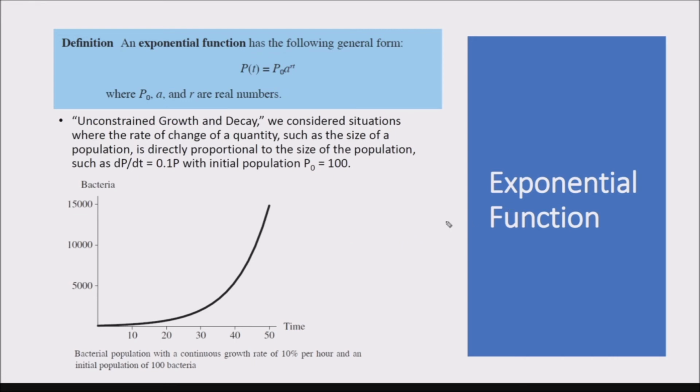Okay, right. Here they're talking about the bacteria growth. So you can see how this graph behaves, right. So that is something which is not good for many things. If it is an exponential growth, it will grow really fast, right.